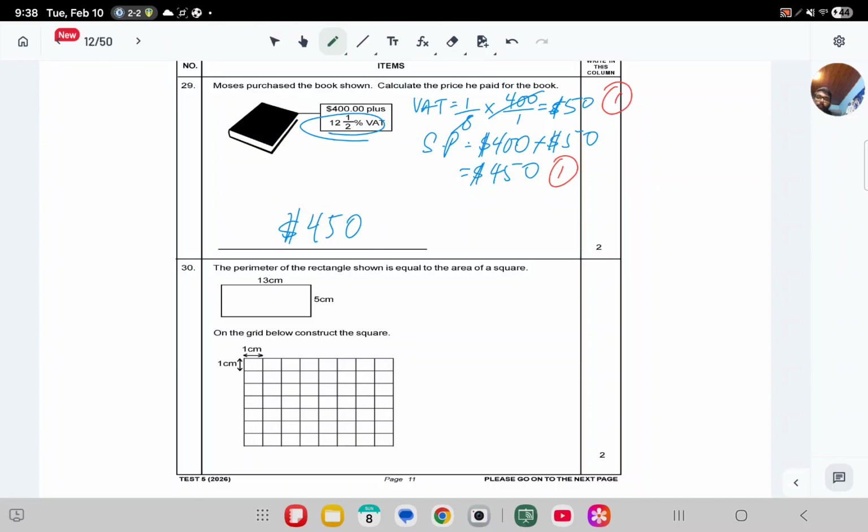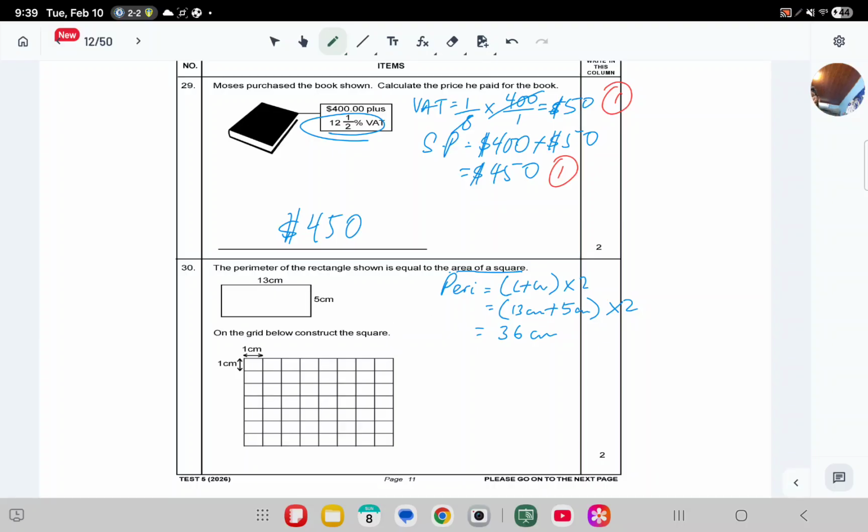Number 30. The perimeter of the rectangle shown is equal to the area of a square. So first we need to calculate the perimeter of the rectangle. The perimeter of a rectangle is length add width, multiplied by 2. 13 centimeters add 5 centimeters, by 2, which is 18 by 2, is 36 centimeters. They said that is equal to the area of a square. They said on the grid below construct a square.